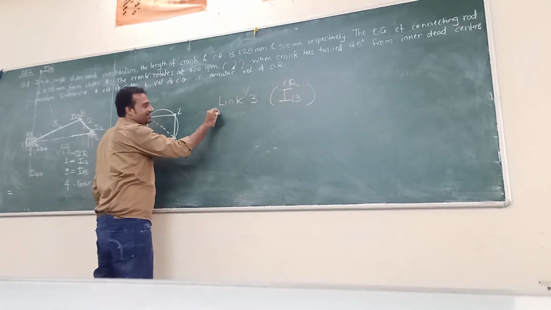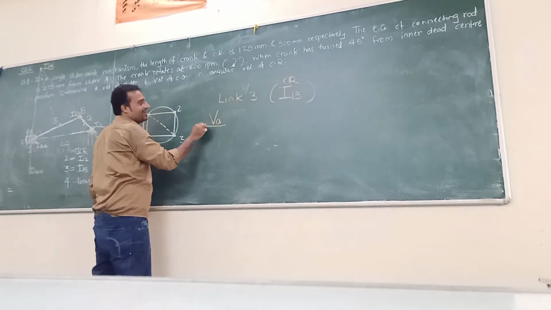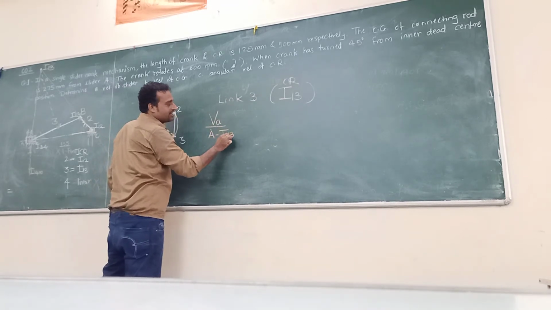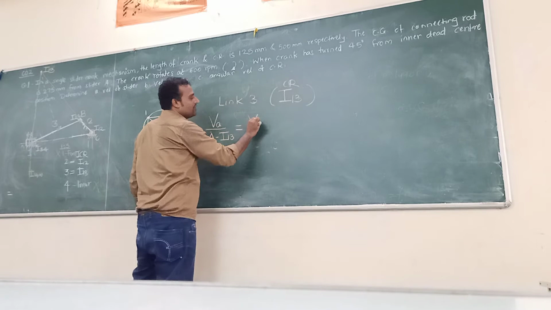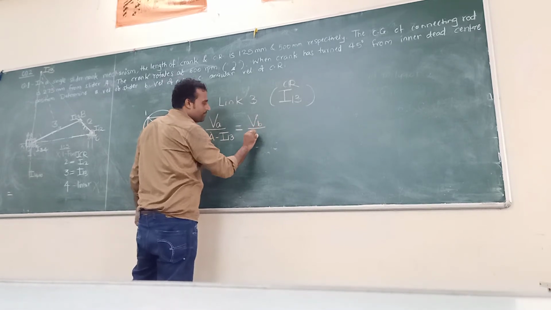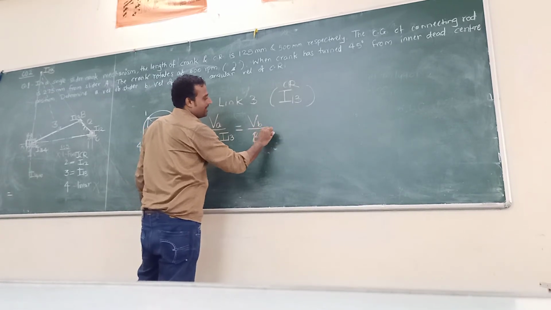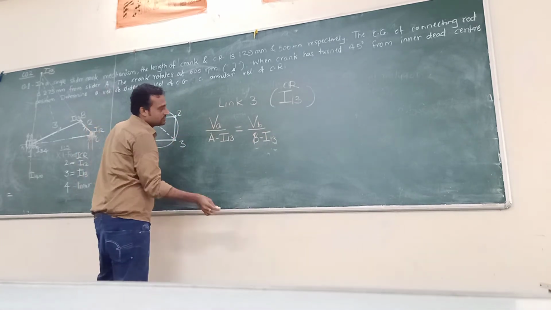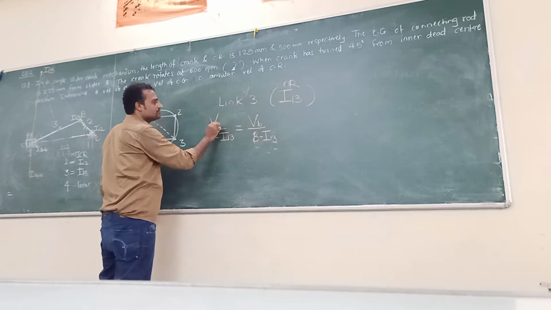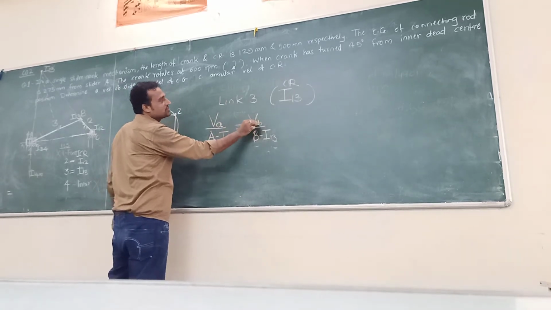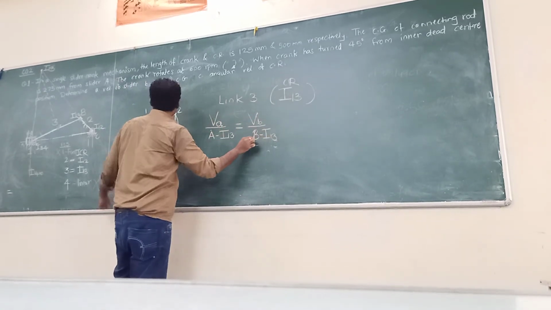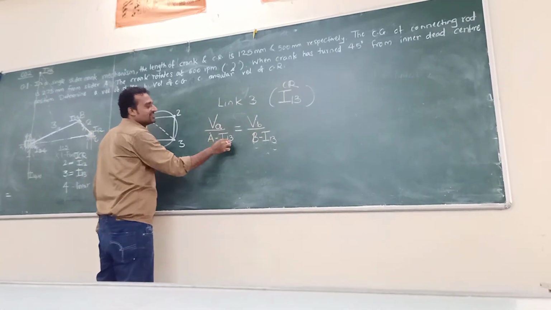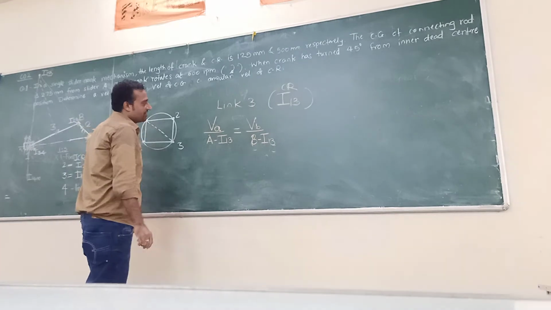So we can write, as we have discussed earlier, VA upon A I13 is equal to VB upon B I13. VB we already know from the analysis of link number 2. This distance we can measure. VA we are going to find, and A I13, this distance we can measure from the figure.